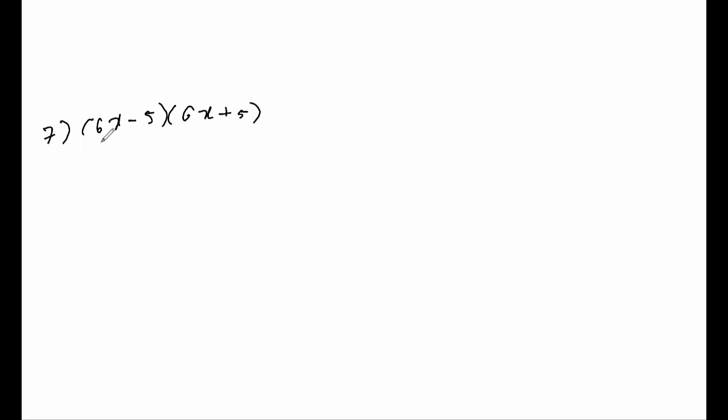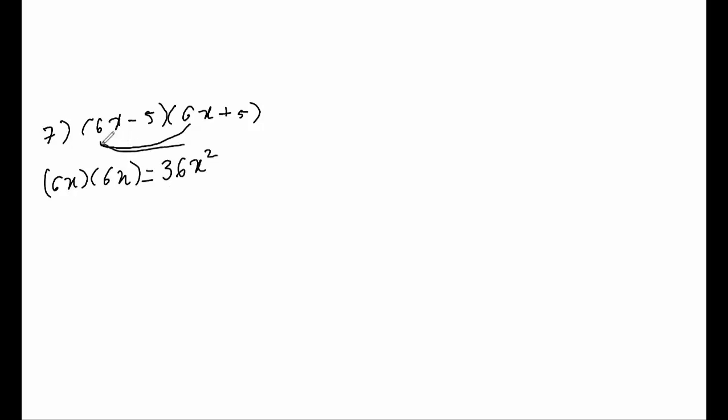So we'll go about it using FOIL or distributive, however you want to look at it. So we have 6x times 6x, and that will give us 36x squared.